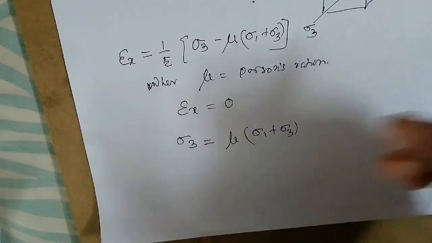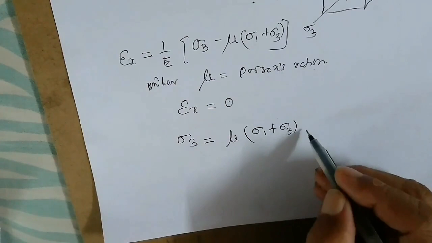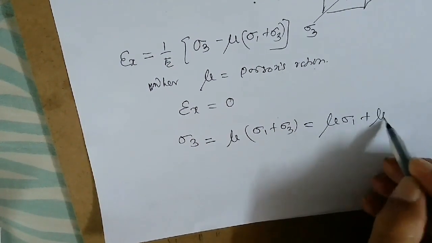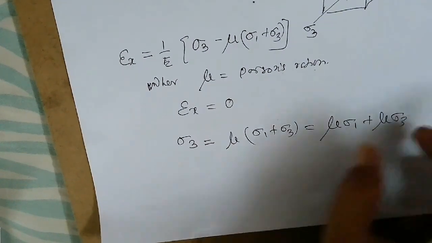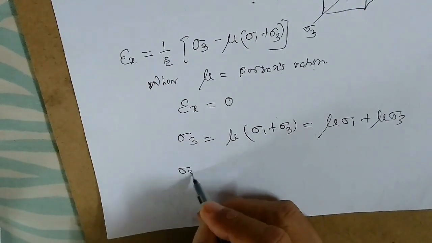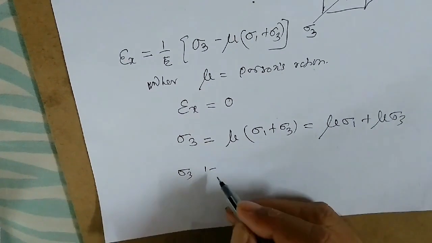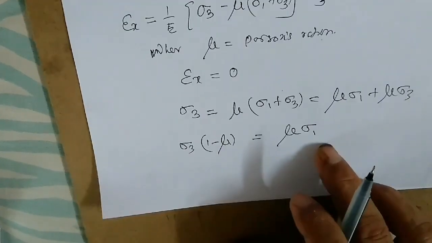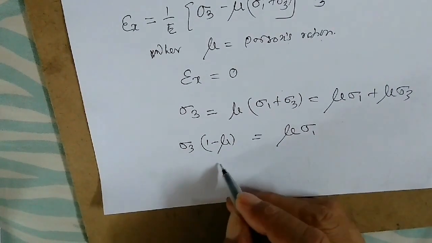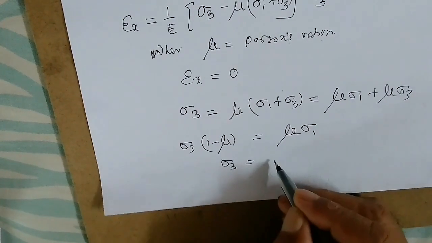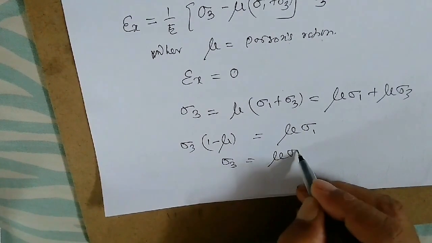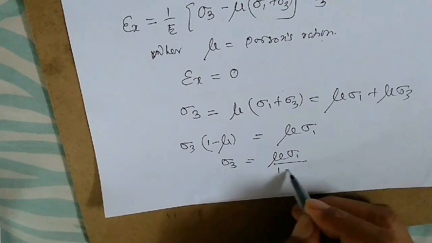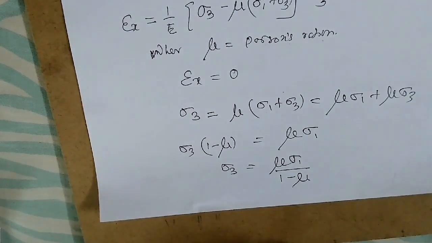What we want is the lateral pressure, that means sigma 3. Let us open it: sigma 3 equals mu sigma 1 plus mu sigma 3. Taking this to the other side and taking sigma 3 out, sigma 3 times 1 minus mu equals mu sigma 1. So sigma 3 is mu sigma 1 by 1 minus mu.